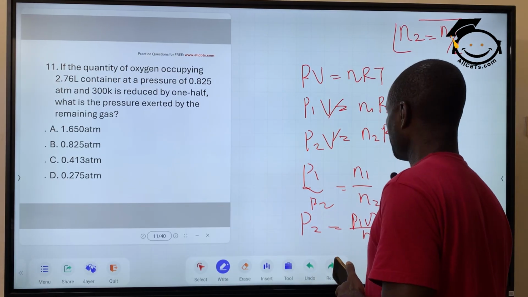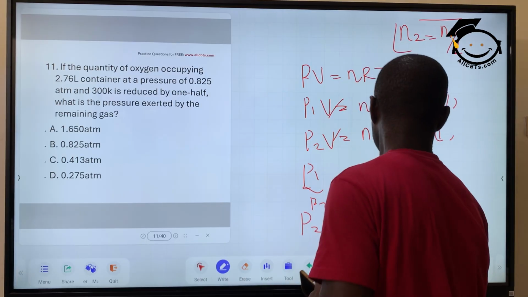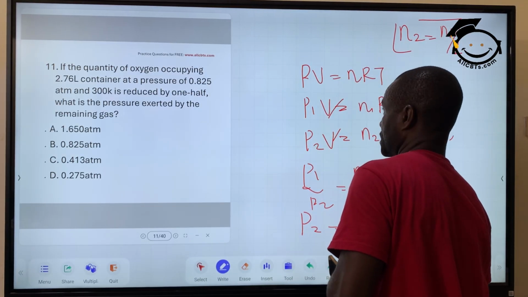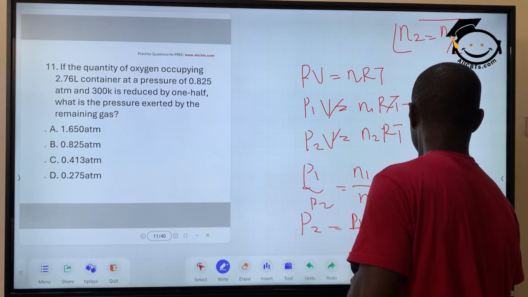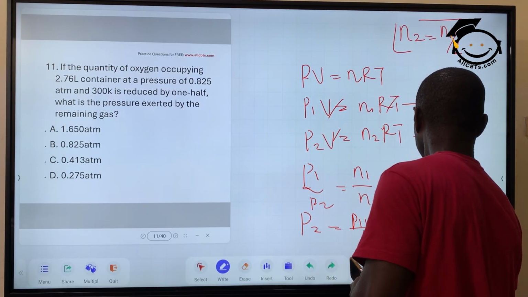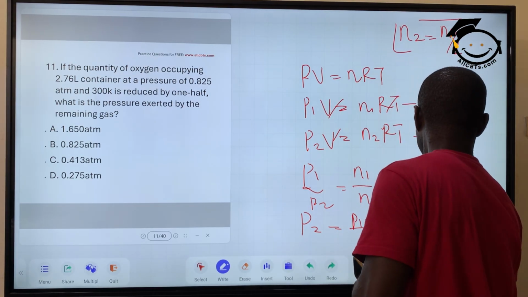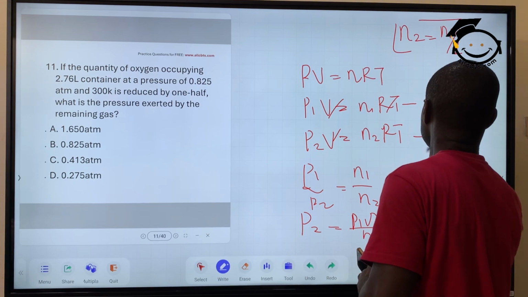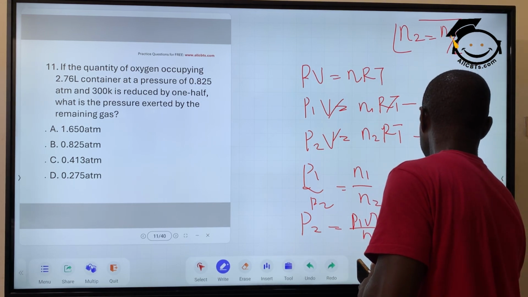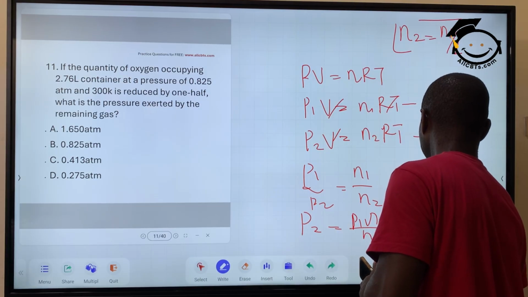Where P1 is 0.2, 0.825, N2 times 1 over 2, which is N1 over 2, divided by N1.